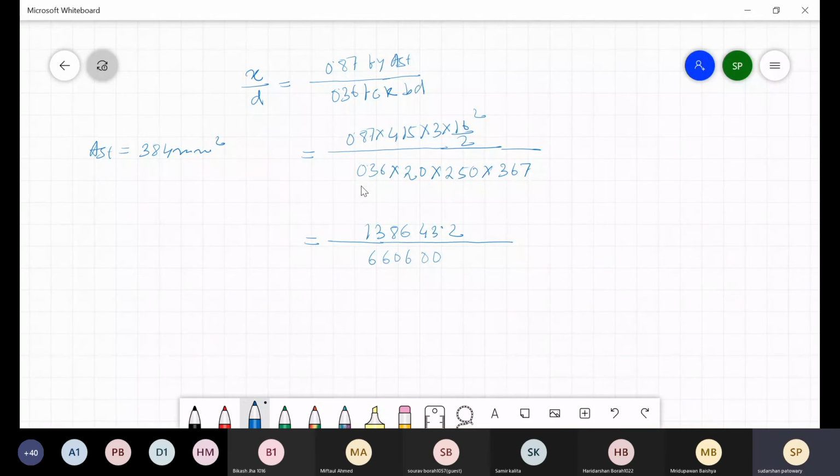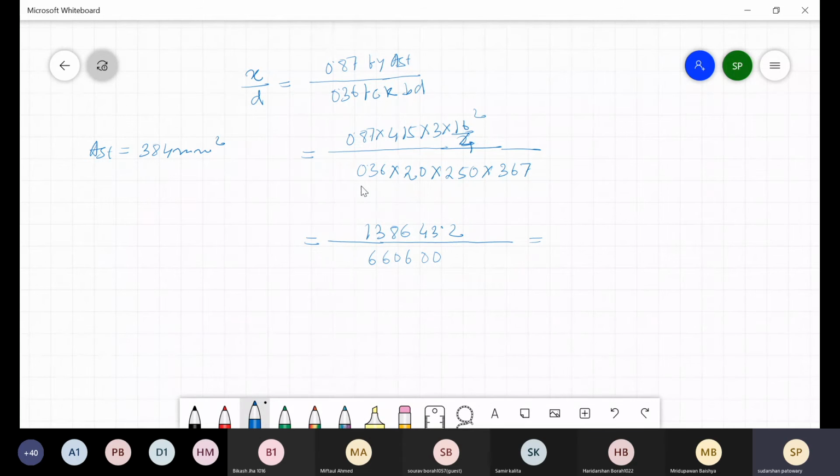So just take this value and calculate. 0.87 into 415 into 3 into 16 into 16 divided by 4. Why am I writing this 2?